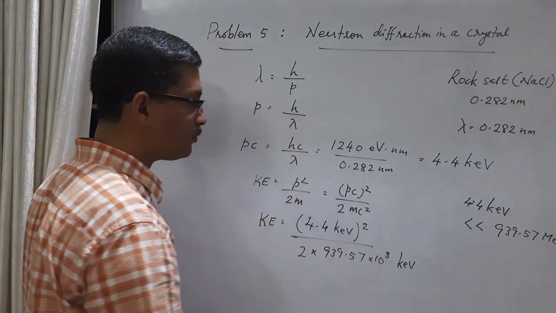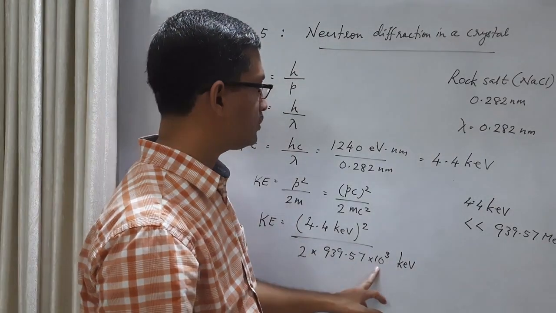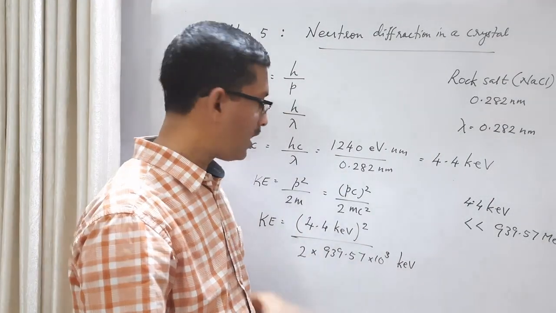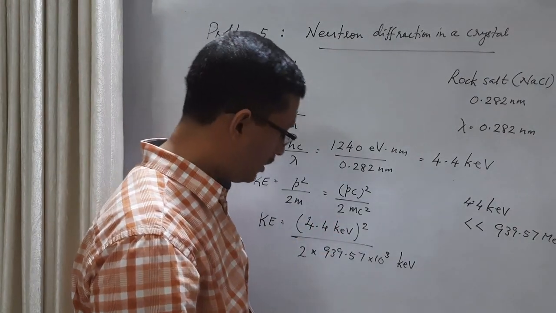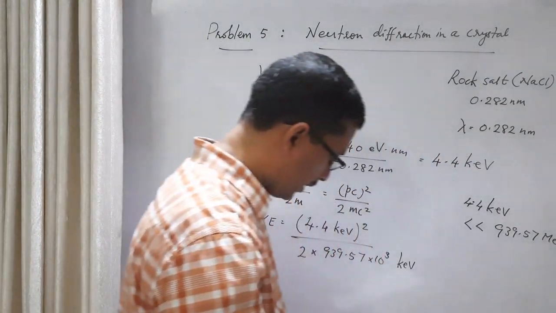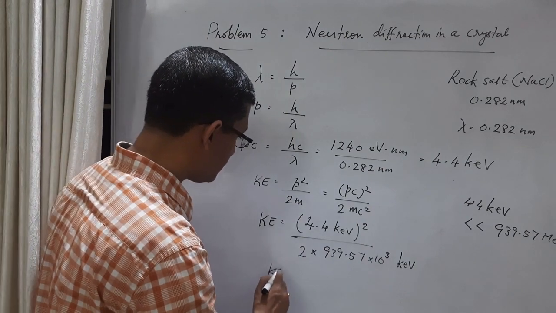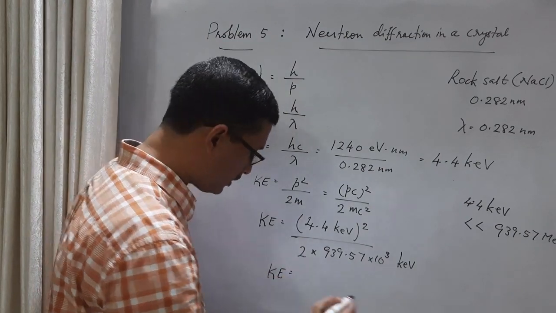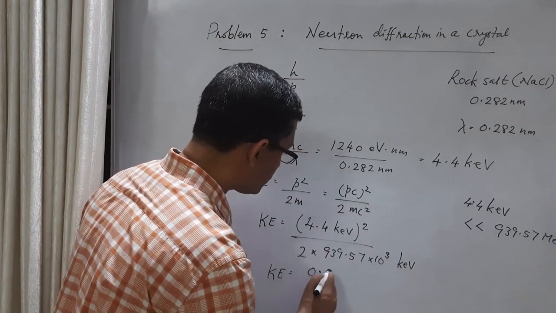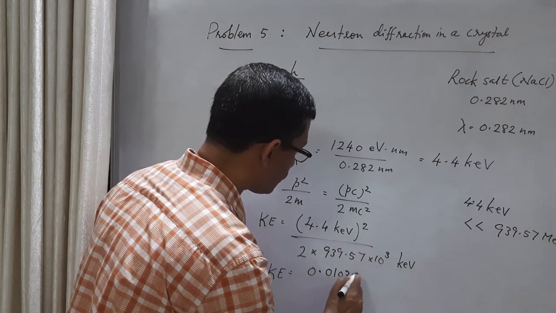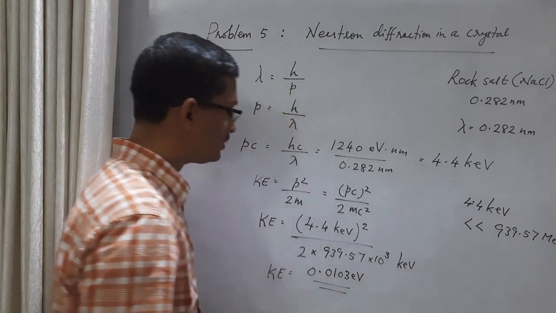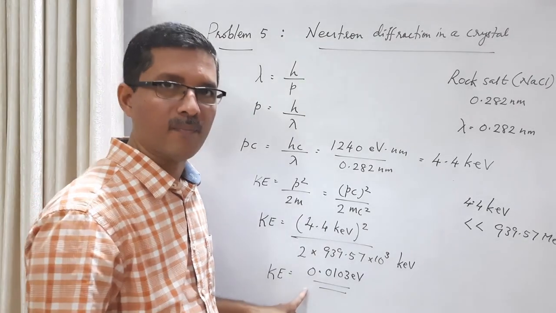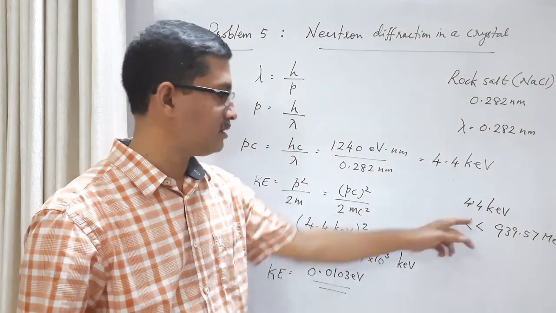So 939.57 into 10 raised to 3 keV. If we substitute all the values, the final value is not in kilo electron volt, it's a very small value, 0.0103 electron volt. You can see that the kinetic energy is very, very small compared to the rest energy.